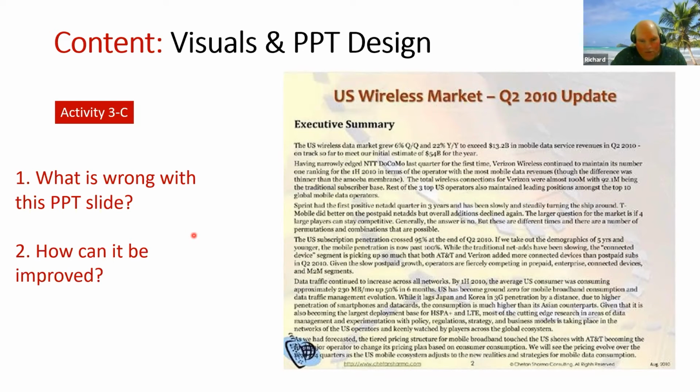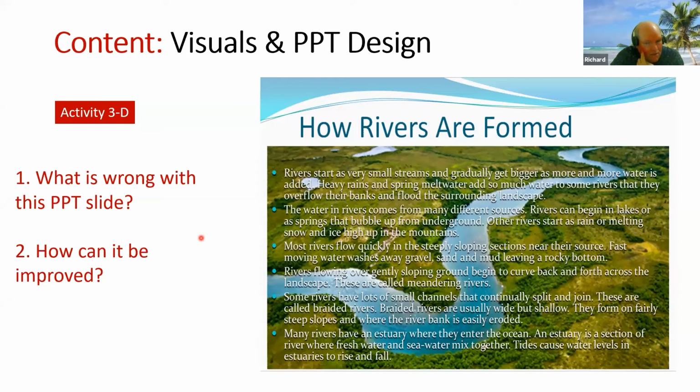Okay, so we're going to move on. Oh, this is a nice one. I like the colors. Lovely. What do you think? What's wrong with this one? Terrible. It's pretty difficult to see, to read.